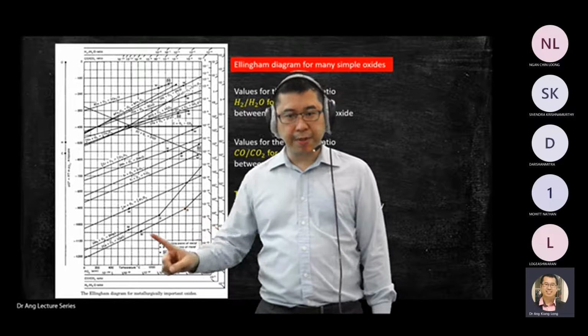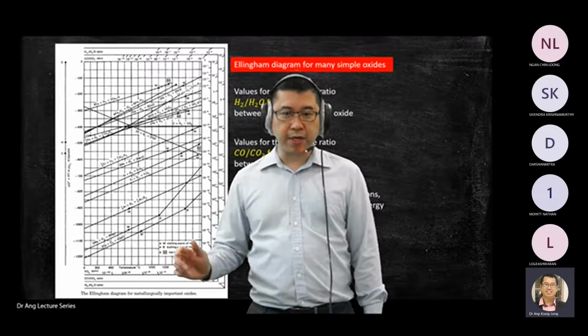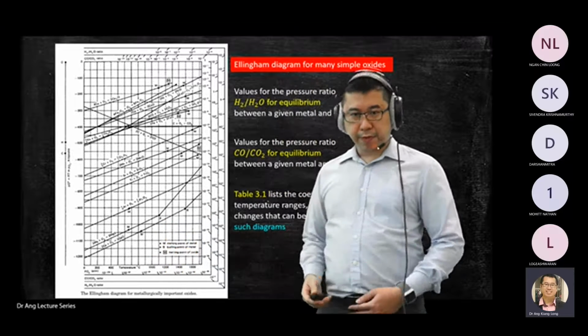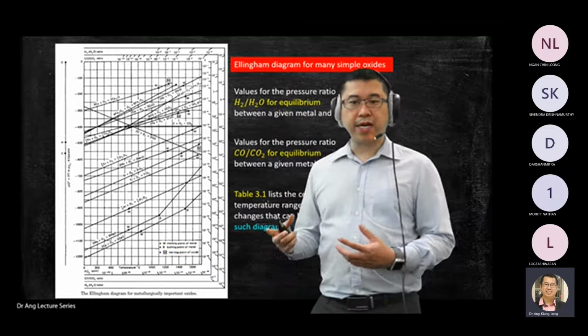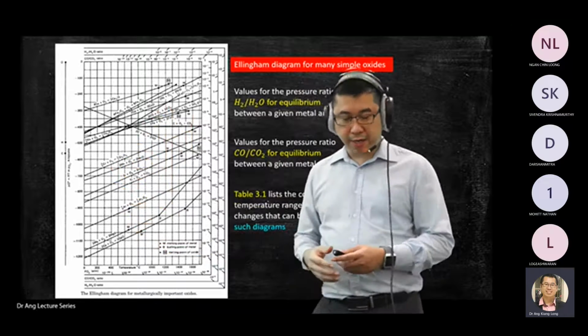If it is below the line, it means the product of the oxide is stable already. Or you can predict what kind of oxide you have, depending on the material you have.